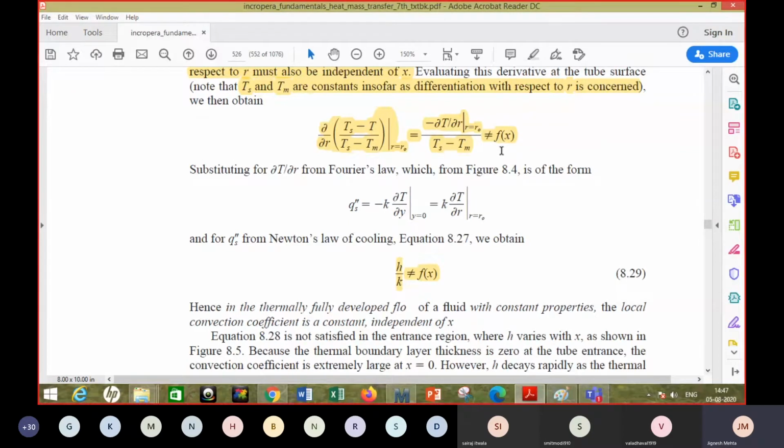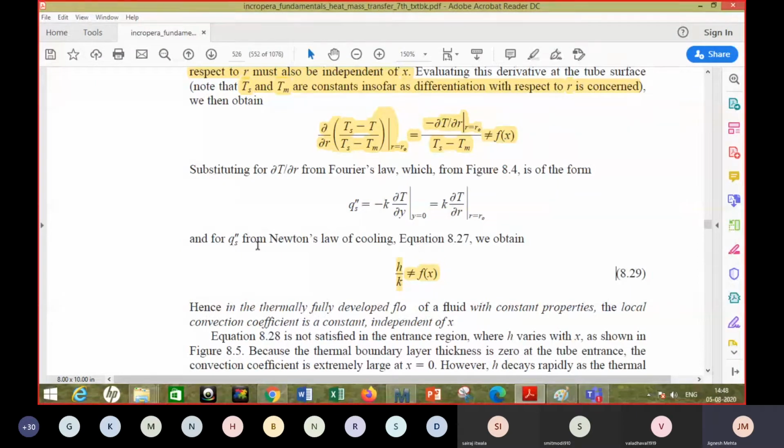And then you can apply Fourier's law, because at r equal to Ro you are talking about the first layer at the surface, which is stagnant or having zero velocity. So you write this in the form of dT by dy at y equal to 0. You take the y-axis starting at the surface of the tube, so y is equal to Ro minus r. That way, this would be k dT by dr when r equal to Ro.